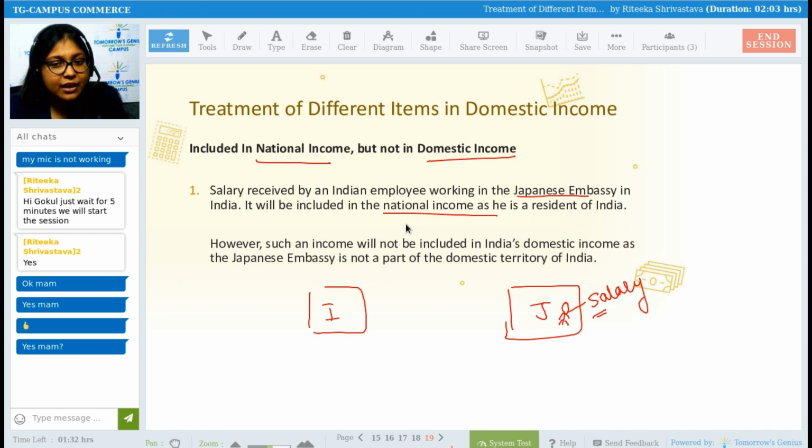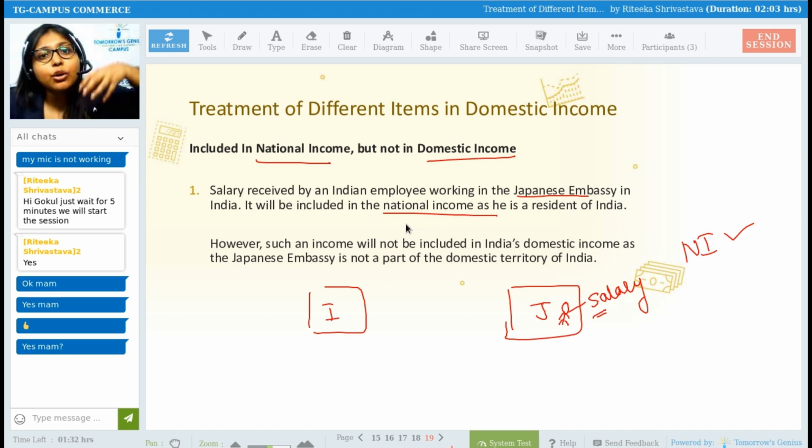So his salary would be included in national income because he is a resident of India. And national income means what? If there is an Indian person, Indian institution, Indian company, be it outside the territory of the country, still their income will be part of our income. That will be part of national income.